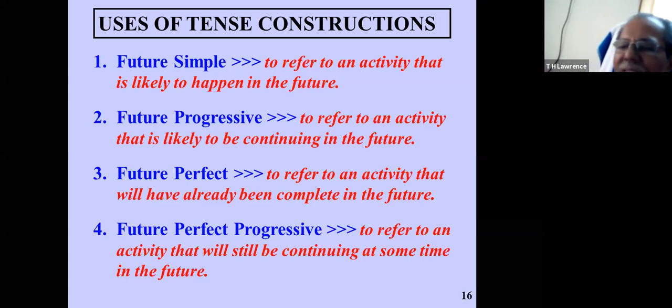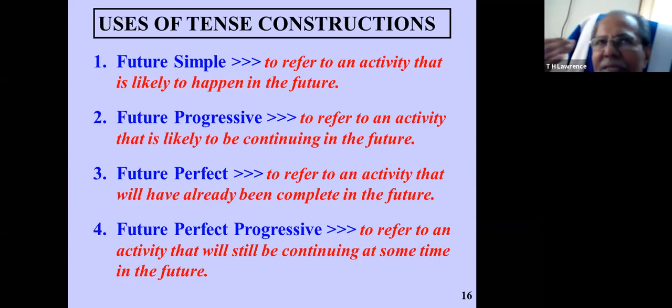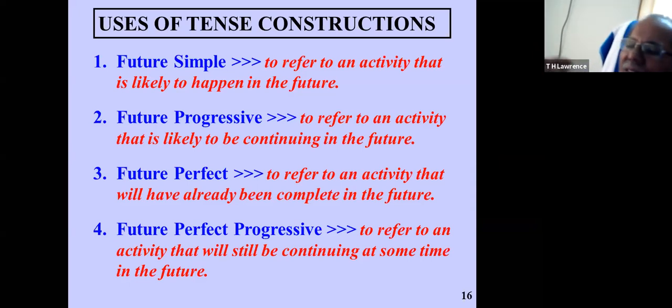Now, future perfect progressive. That is to refer to an activity that will still be continuing at some time in the future. So, here, again, at 11:15 we start our interaction, and at 11:30 we actually want to put a stop.